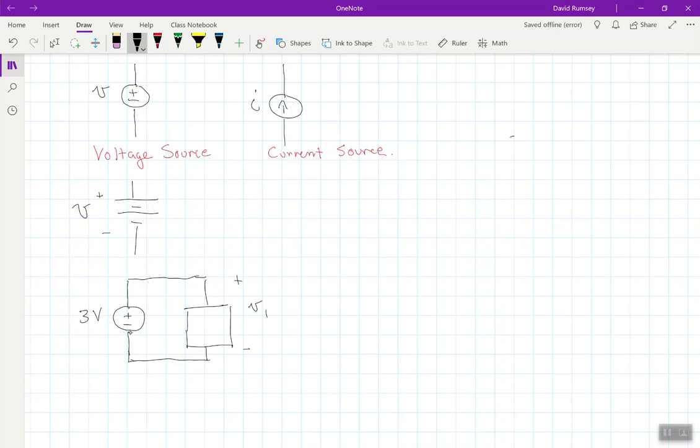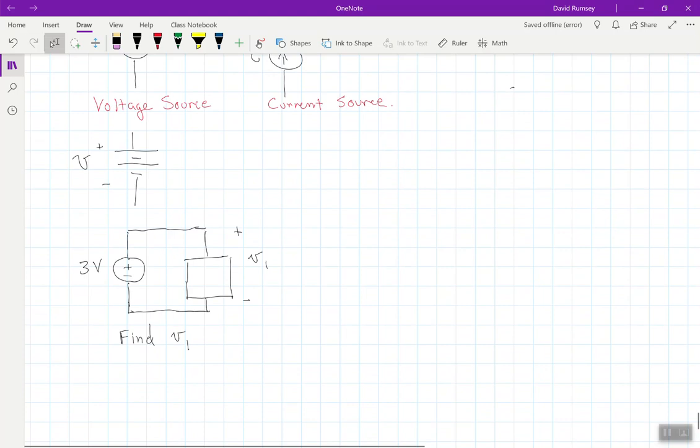And so I've got a 3-volt power supply that I'm applying to the circuit. In this case, it's going to be a very simple question. It's just find V1. Now, this particular configuration is something that's called parallel, which we will talk about in more detail in a few lessons, because there's something that's going to be very critical about a parallel configuration.